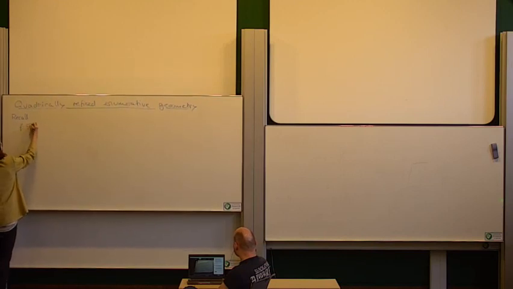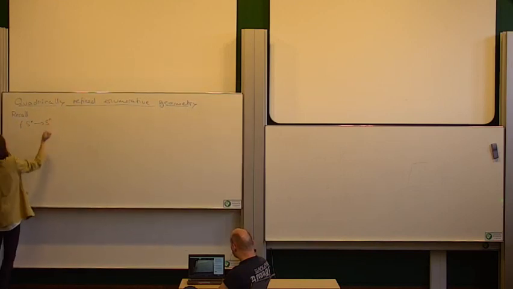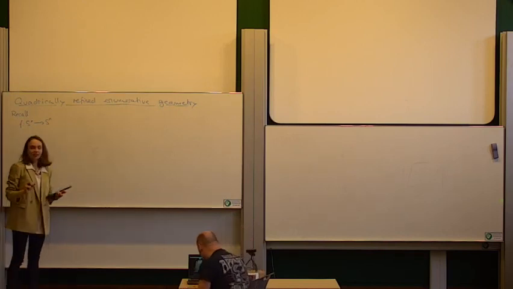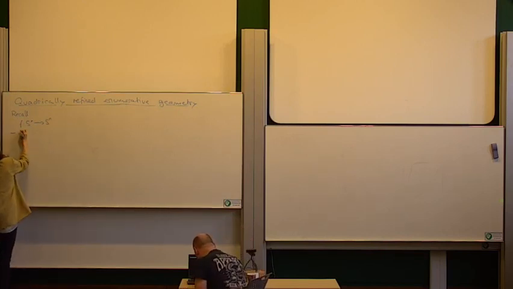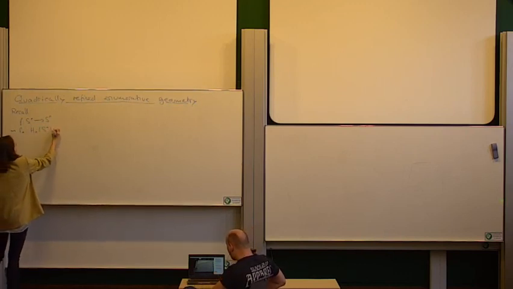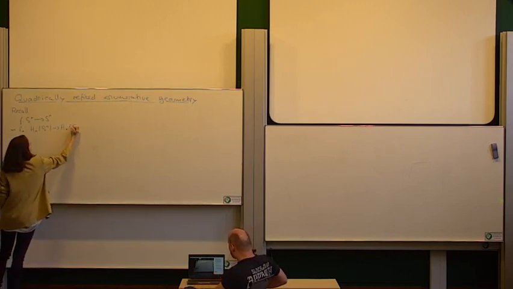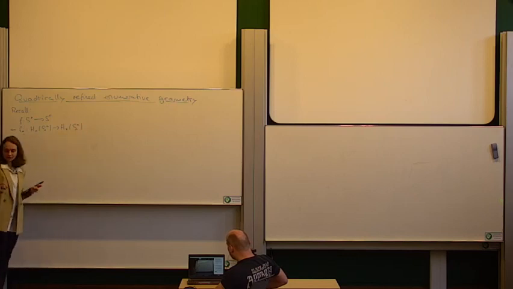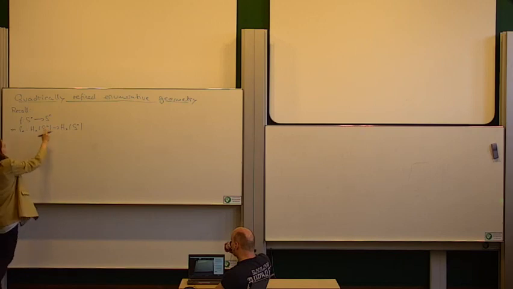Let's assume that we have a map of n-spheres. Then this induces a map in nth homology. We all know that the nth singular homology with Z coefficients is isomorphic to the integers.